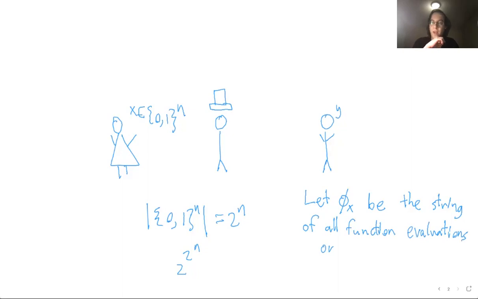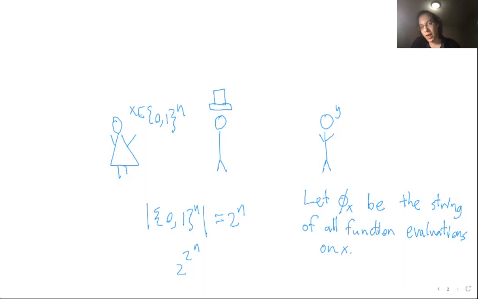So phi x here is a string of length 2 to the n. And if you pick any function alpha on n-bit strings, then at the position indexed by alpha, phi x will have alpha of x. So phi x sort of answers every possible question you can ask about x. It's a string of length 2 to the n.